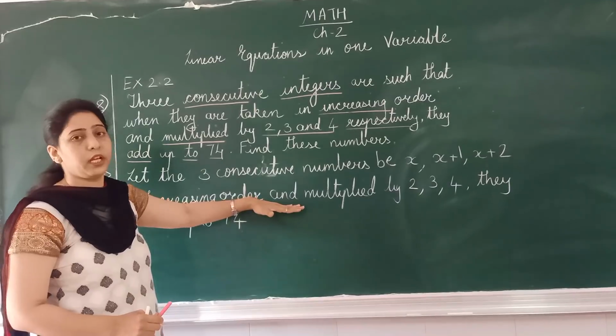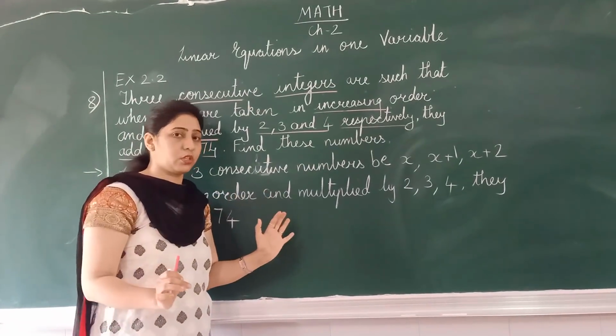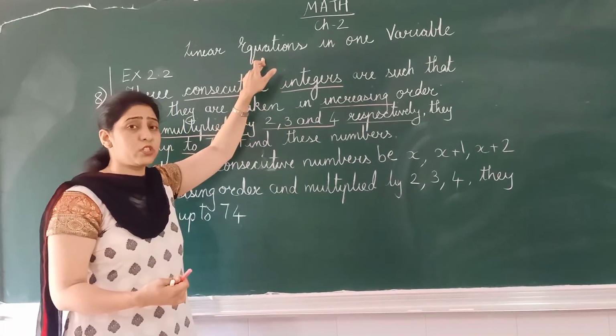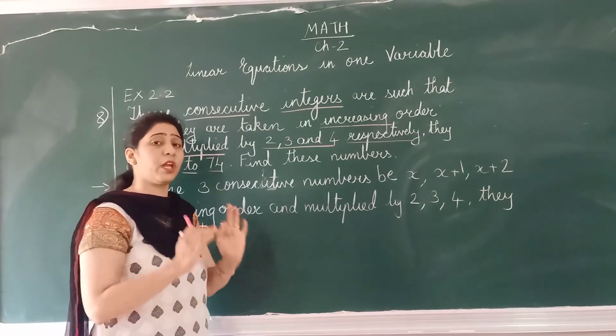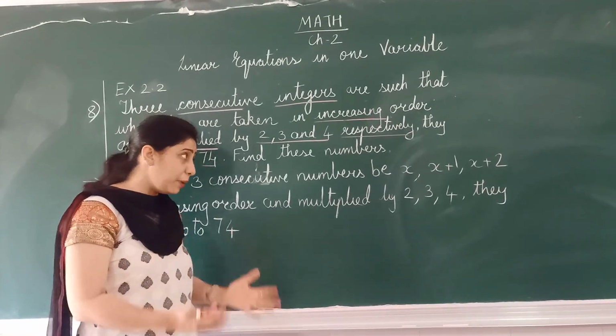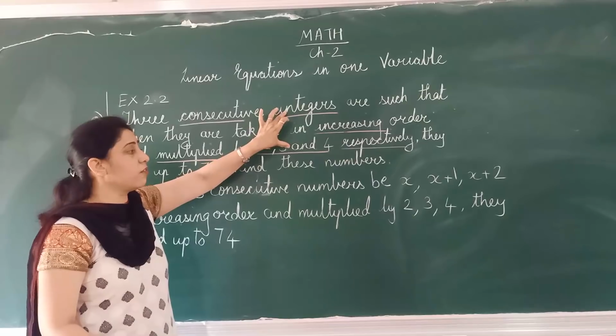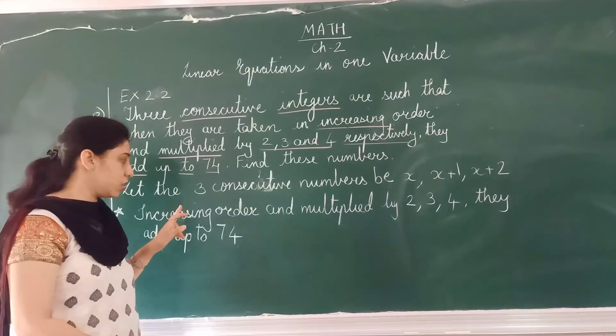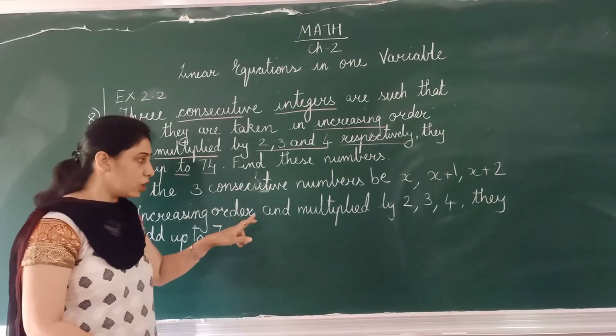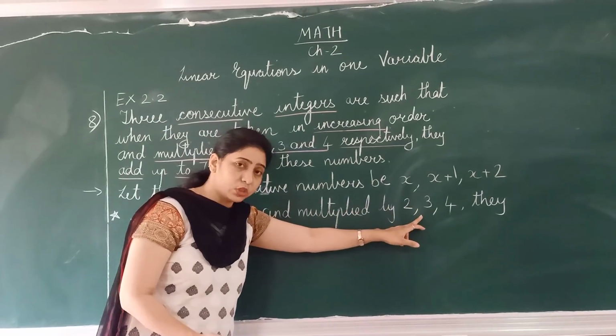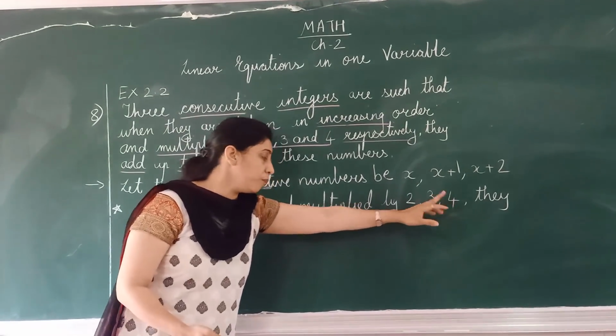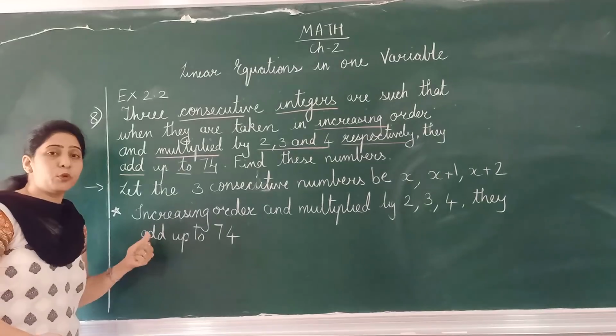From this statement, you are going to make an equation. We are learning about linear equations, so always remember you have to frame an equation. For framing an equation, these terms are very important. It should be in increasing order, multiplied by 2, 3 and 4, and they should add up to 74.